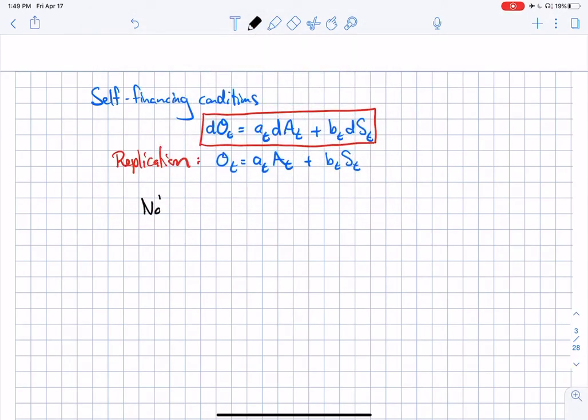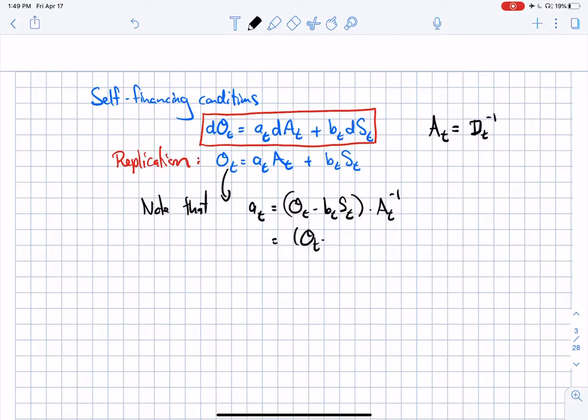Note that from this, I get that little a_t is, just solving, (O_t minus b_t S_t) times A_t to the minus 1. Now remember that the risk-free asset is really the inverse of the discounting process, so I can simply write this as the discounted value of that. Now let's put that back into the self-financing condition.